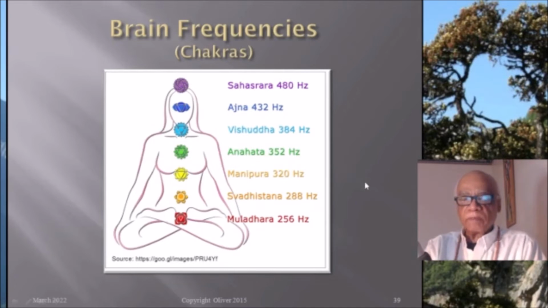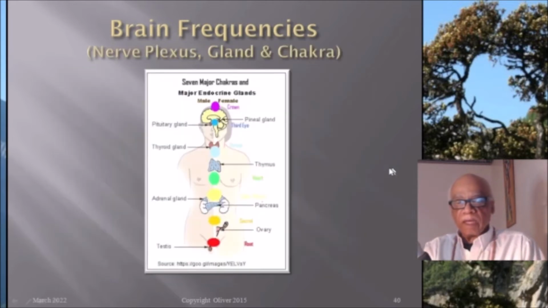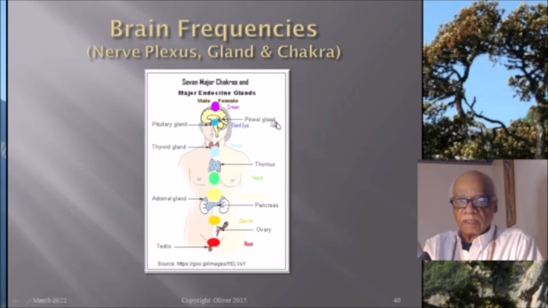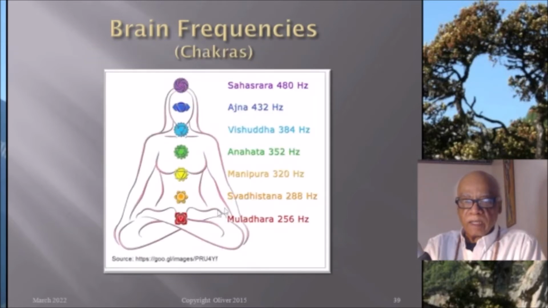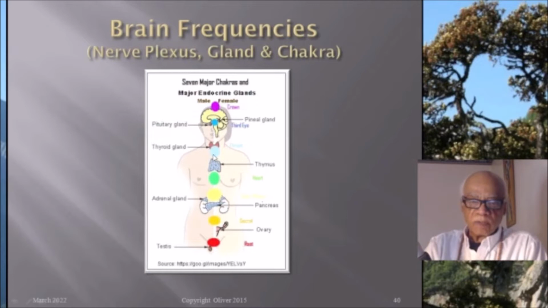These don't match up 100% with the bands that I was mentioning earlier, with the alpha, theta, and delta. But within there is a correlation between these. Now, the reason I mention this is that these chakras are connected to your major endocrine glands. So in each of these locations where there are the colors of the chakra, there's located one of your major endocrine glands.